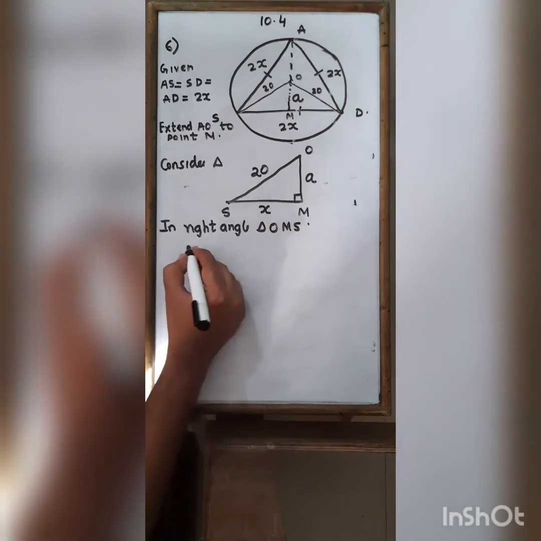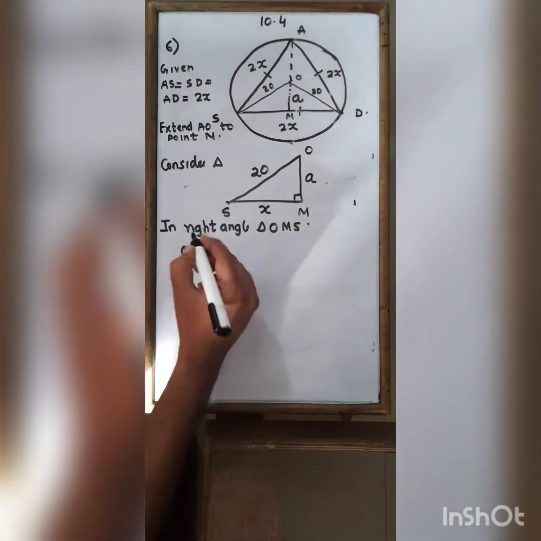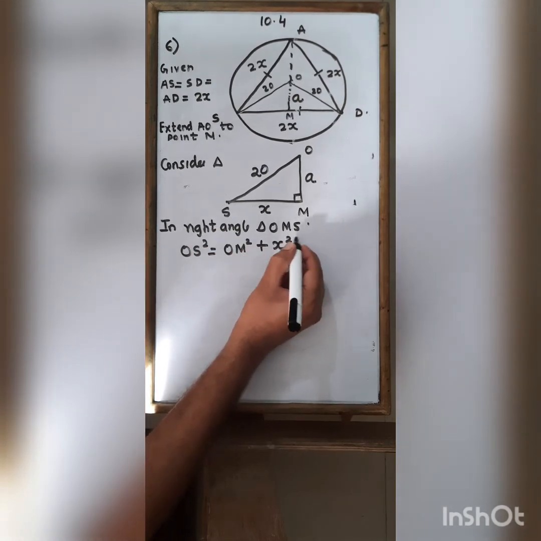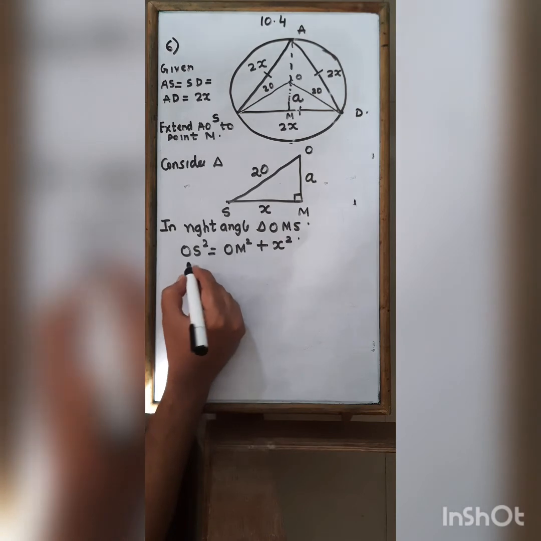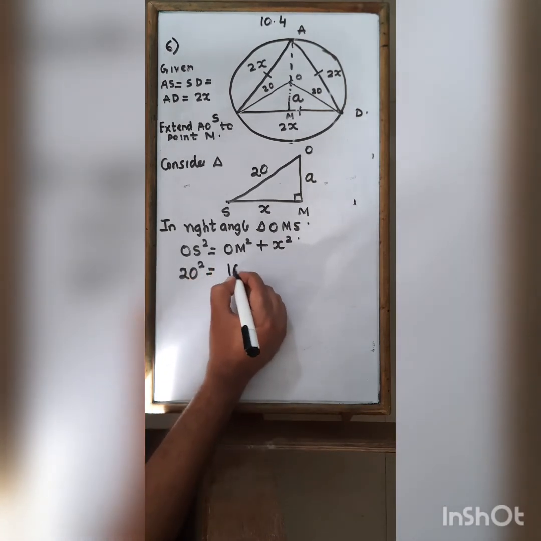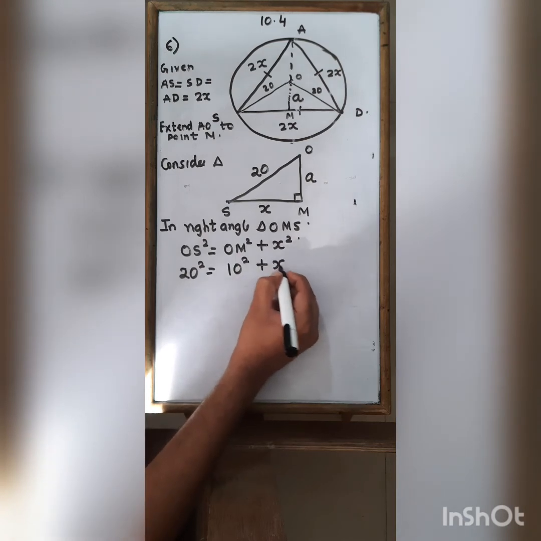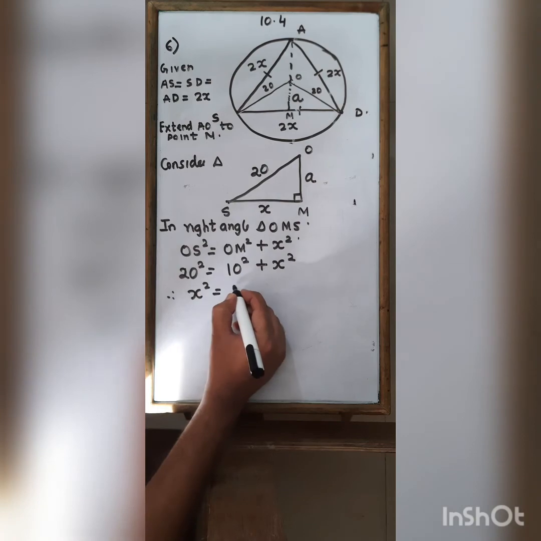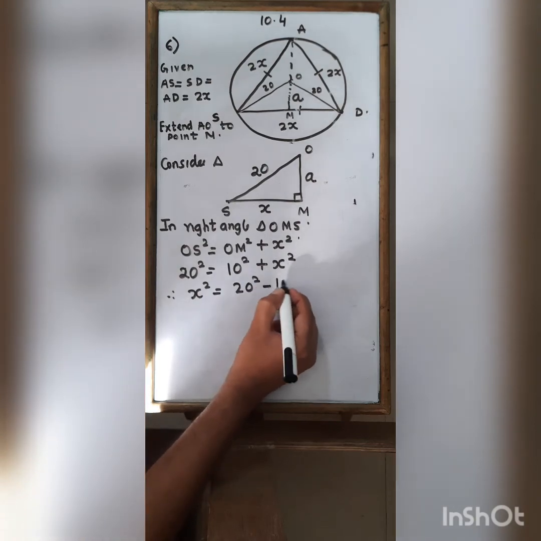So in right angle triangle OMS, can I say OS square is equal to OM square plus x square? But what is OS? OS is nothing but 20 square. What is OM? I just found out. OM was 10. So 10 square plus x square. So therefore x square is equal to 20 square minus 10 square.